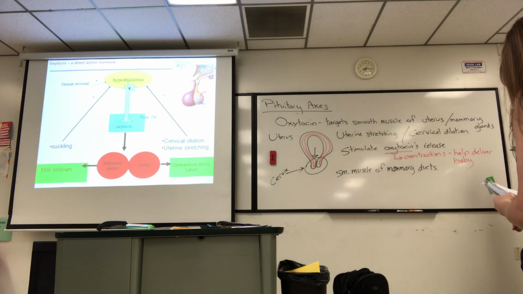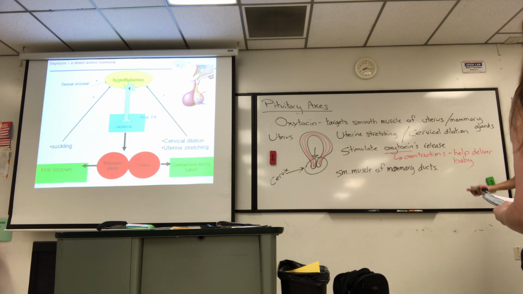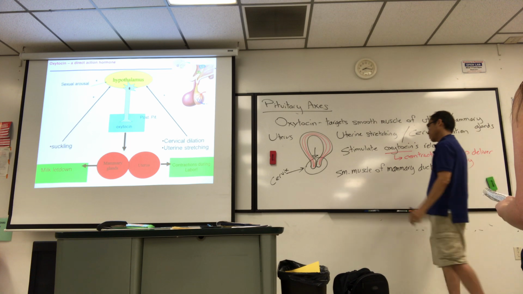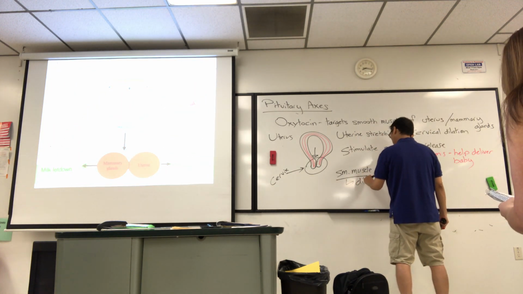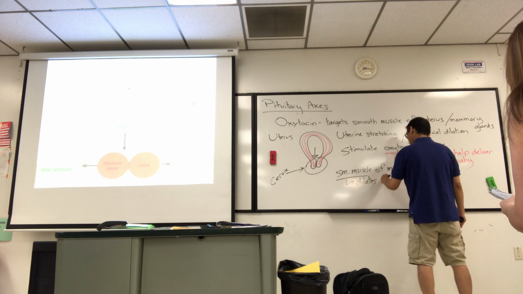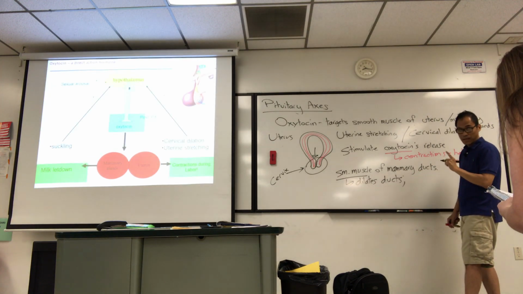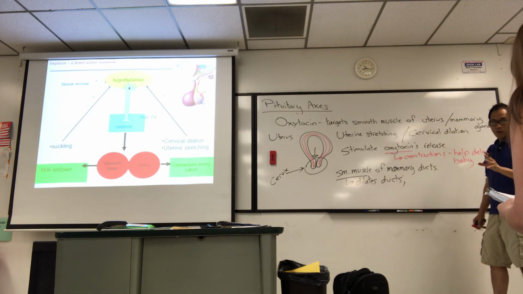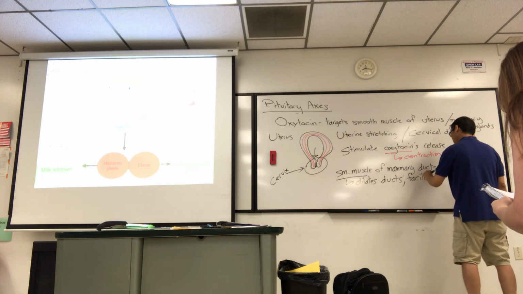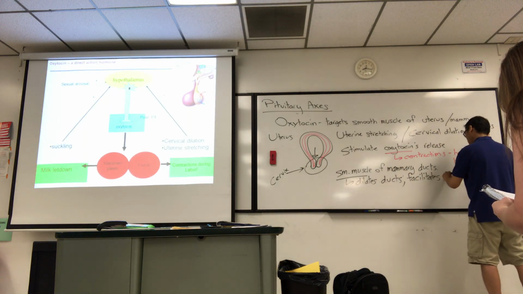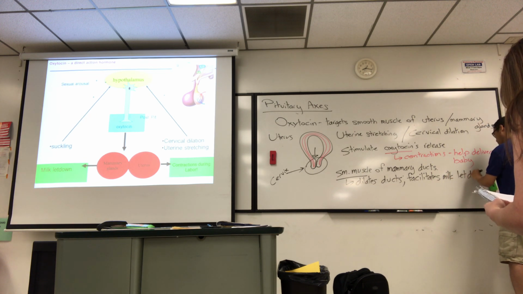It makes the smooth muscle contract in a way that opens the duct and lets the milk down. We call it milk letdown, milk ejection. Dilate means open up. It dilates ducts and facilitates milk letdown, not milk production. That's another hormone.